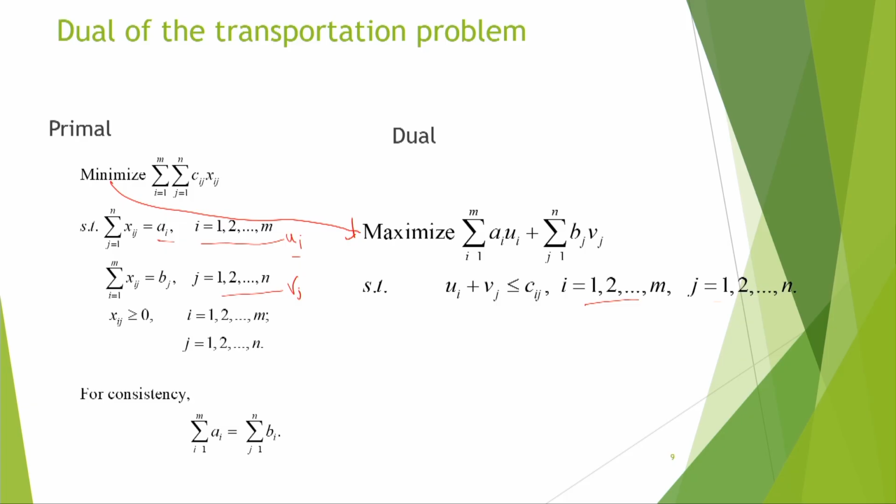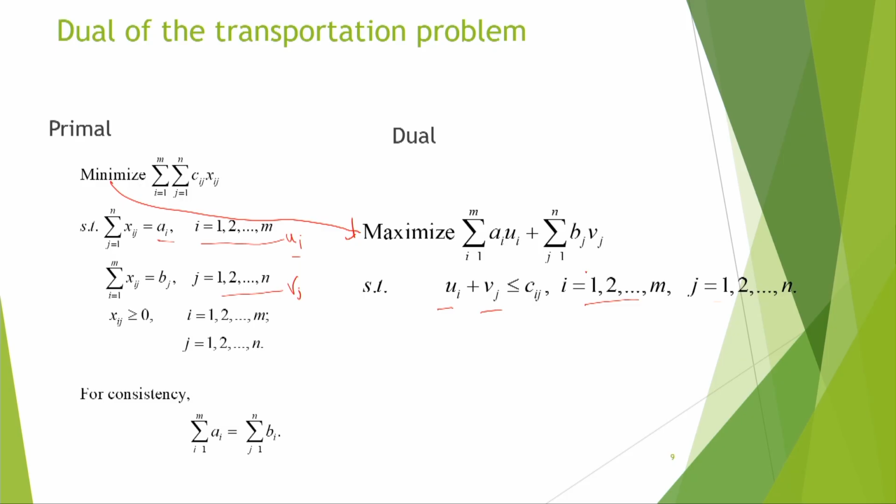So you focus on the coefficient of that particular ij. It is basically ui plus vj, and this should be smaller or equal to cij, because it is a maximization problem.